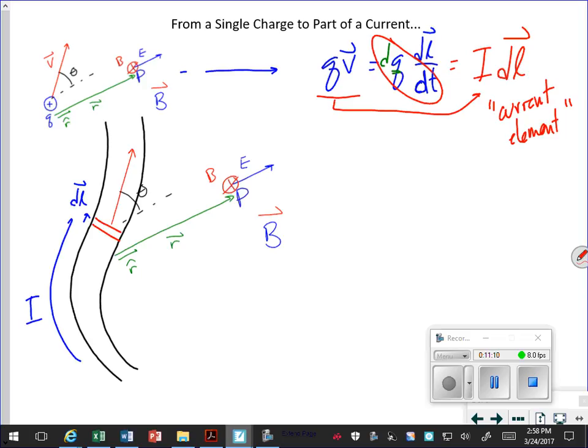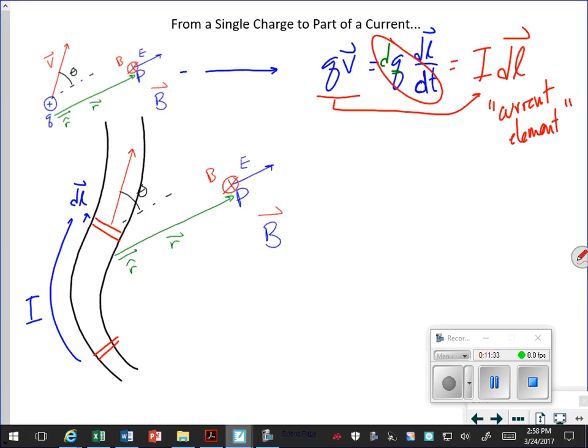Now, from our little current here, at that spot, our field looks like that, except there's another little current element there.